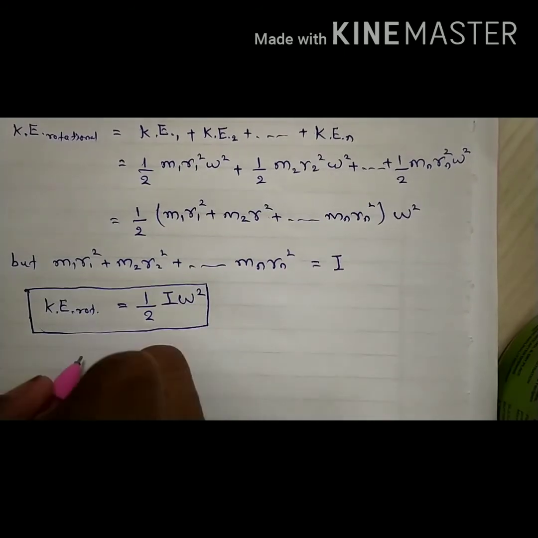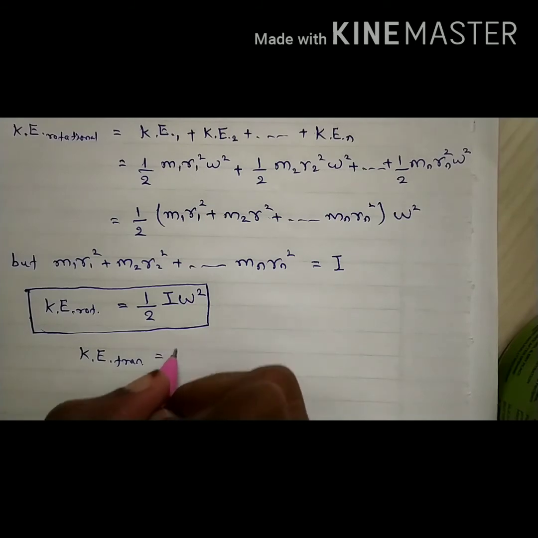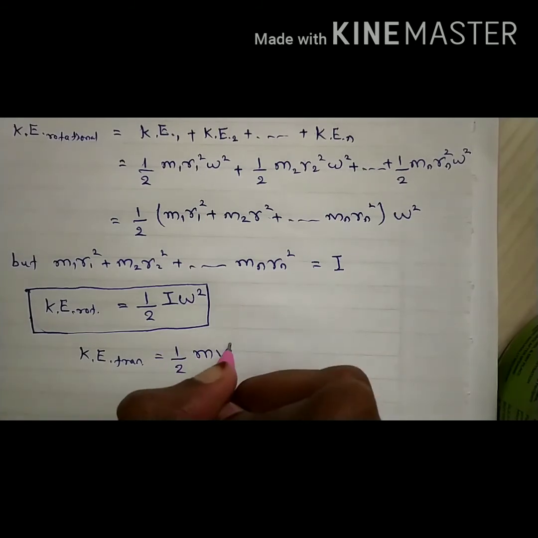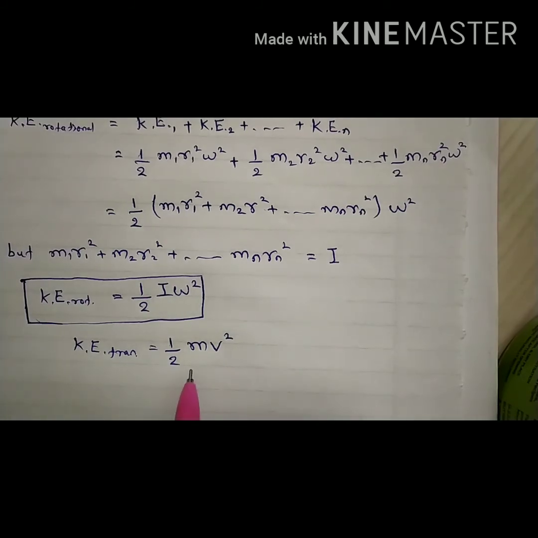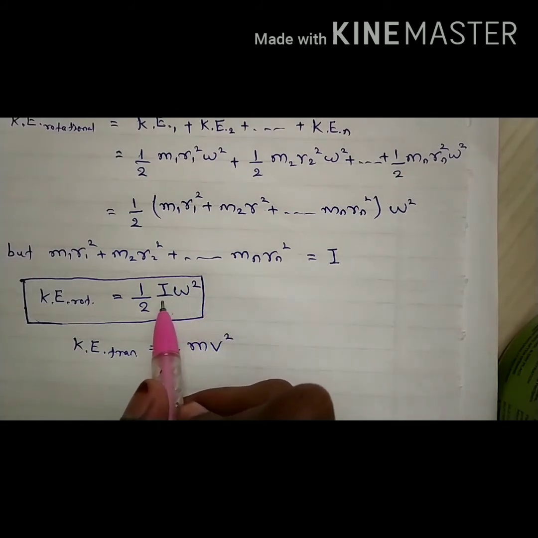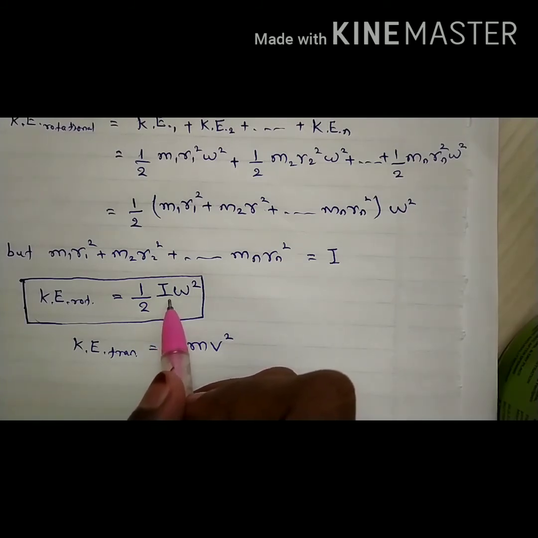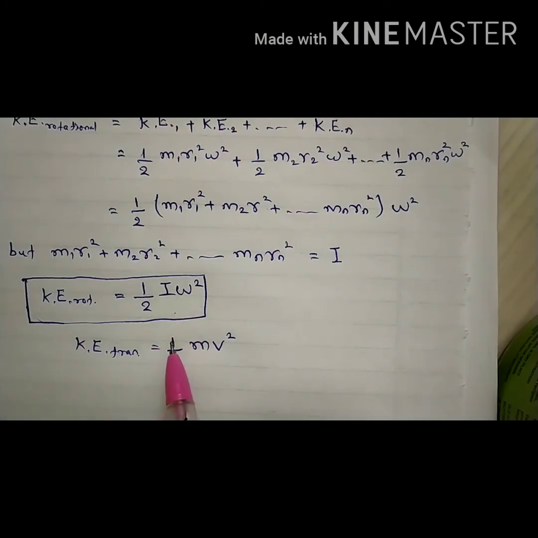What is the formula for kinetic energy of translational motion? In linear motion it is equal to half m v square. Compare this: half and half are the same, omega is angular velocity, v is linear velocity. In linear motion we take mass, and instead of mass, in rotational motion there is moment of inertia I. So moment of inertia is analogous to mass.